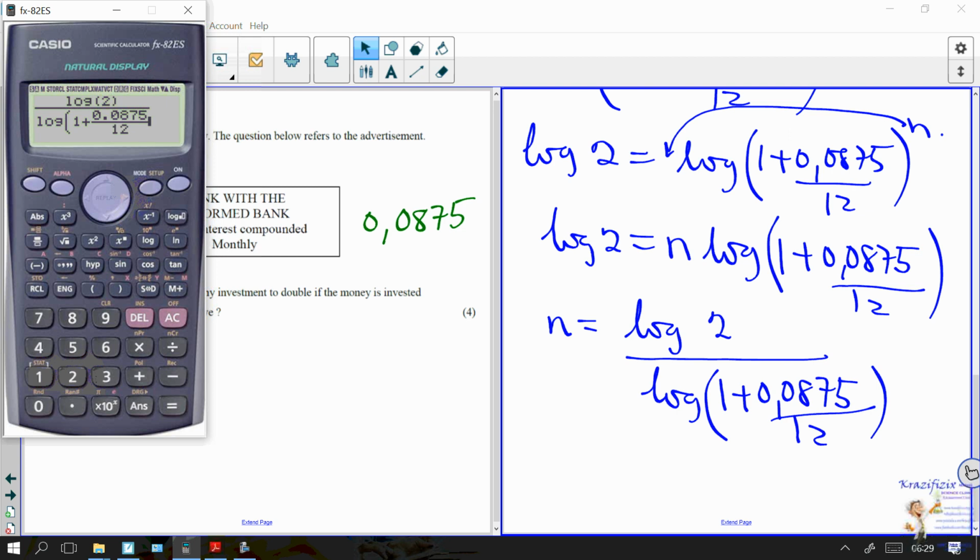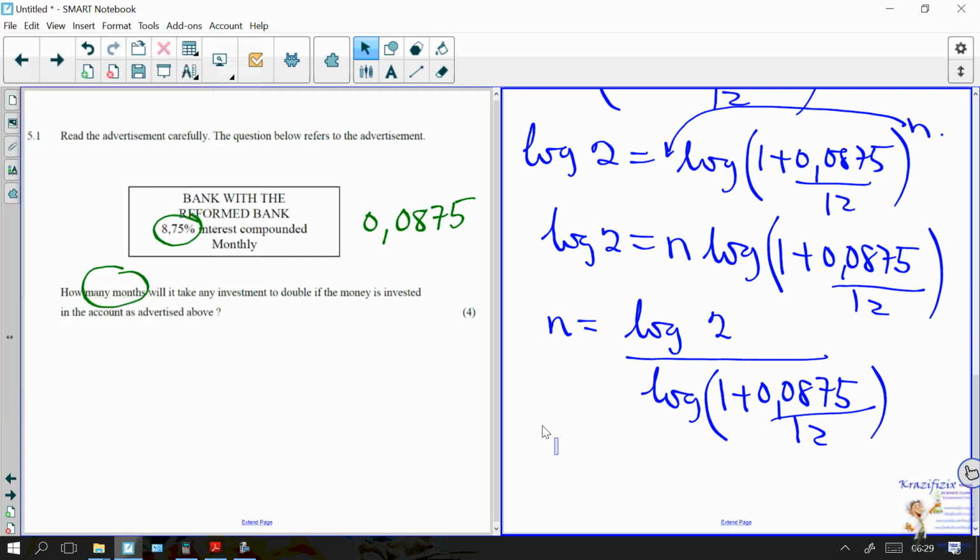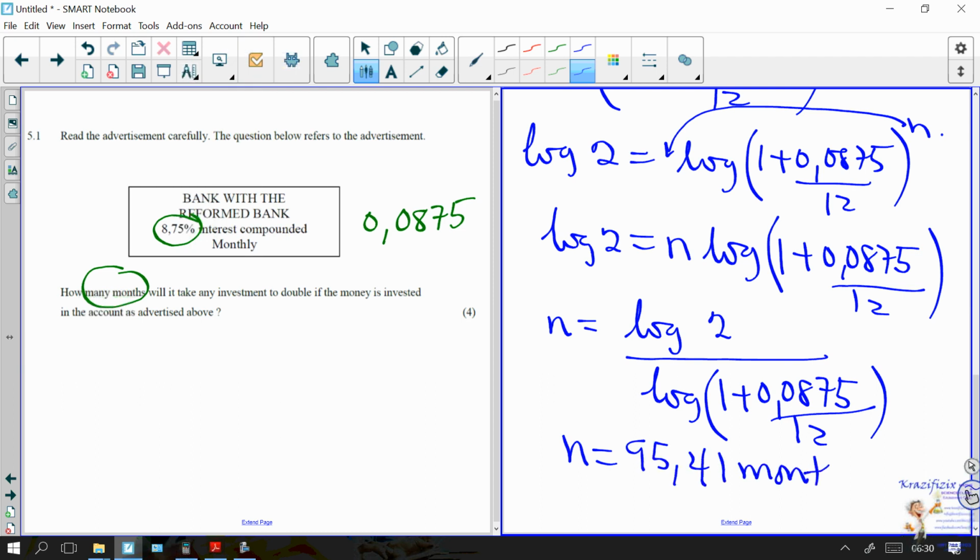And what's my answer going to be? 95.406, which is 95.41. All right, so I need you to learn both ways, 95.41 months. You need to learn both ways quickly in how to deal with your logs, and you get yourself 4 marks.